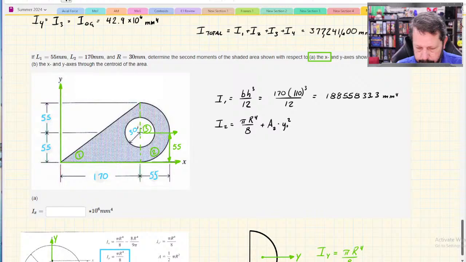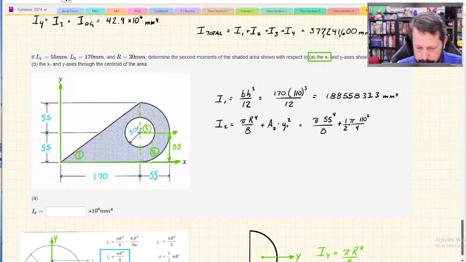So those numbers would be pi 55 to the fourth over 8 plus the area, which is the area of half of a circle. So pi, it has a diameter of 110, pi d squared over 4, but it's 1/2 of that.